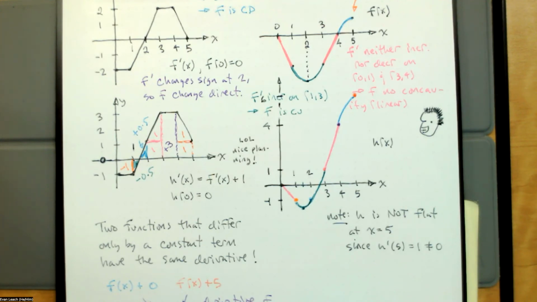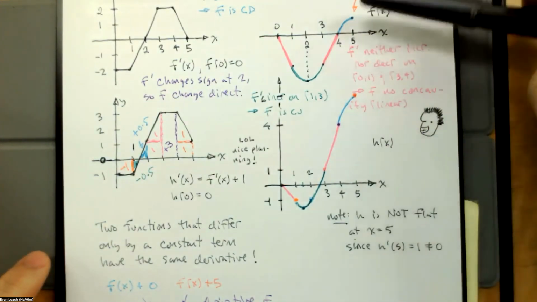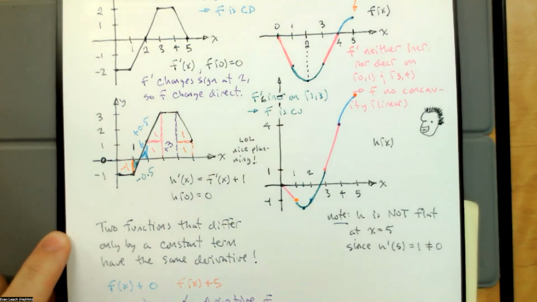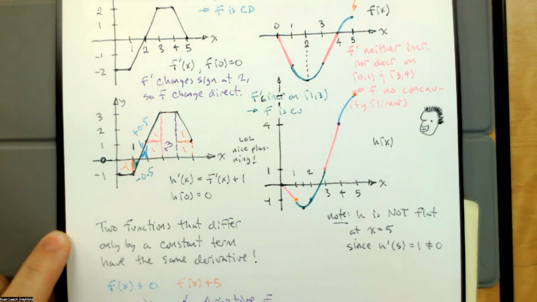One more thing to go further. Notice that h prime of x is equal to f prime of x plus 1. So we clearly did not start from the same place. h prime of x is equal to f prime of x plus 1.